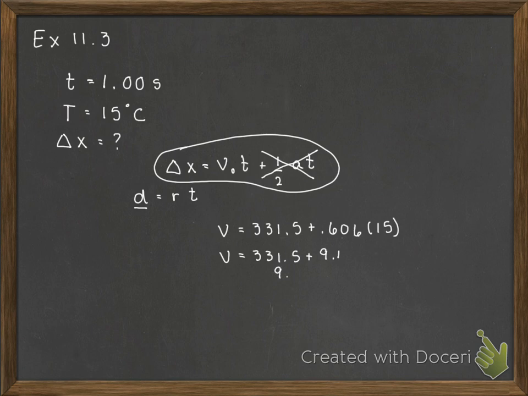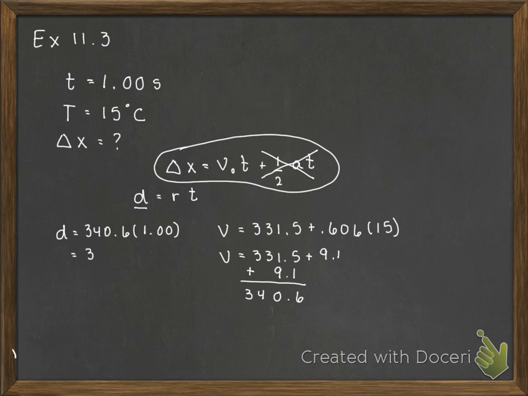Now we will line those 2 values up and add them, and that is what is going to give us our velocity. So now we know the velocity is 340.6. Our distance or displacement is 340.6 times 1.00, which is 340.6 still, but we need 3 significant digits.